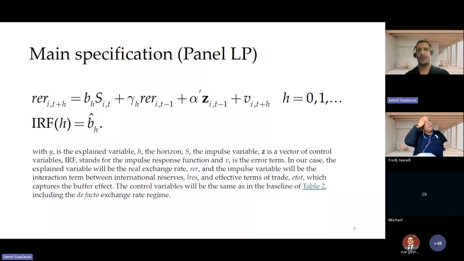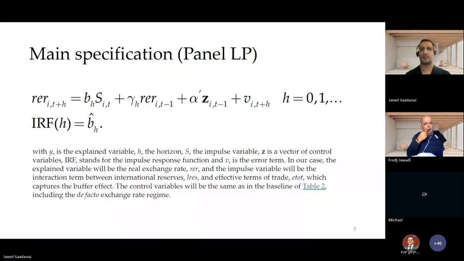It is a bit like the lagged VAR approach, where you include supplementary lags to consider the persistence in the series. If you have non-stationarity, you are in the unit root circle, so the VAR will not be stable, but here you can use it. The control variables will be variables that affect the exchange rate directly, for example the terms of trade, the reserves, and the exchange rate regime.